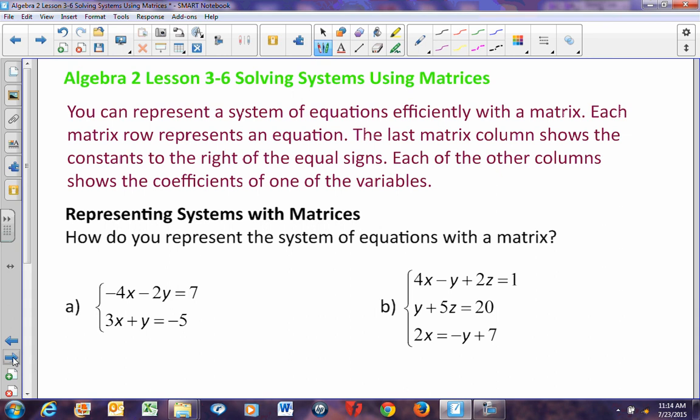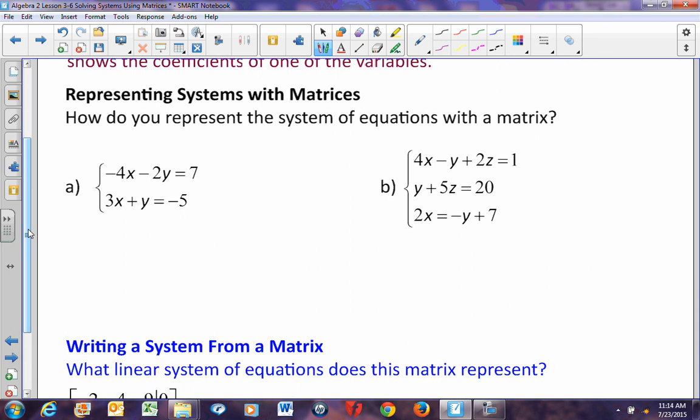So how do we represent a system of equations within a matrix? Let's take a look at this first one here. If I was going to represent -4x minus 2y equals 7 as a matrix, and then 3x plus y equals -5, this matrix would be a 2-row, 3-column matrix because it has 2 variables and an answer column.